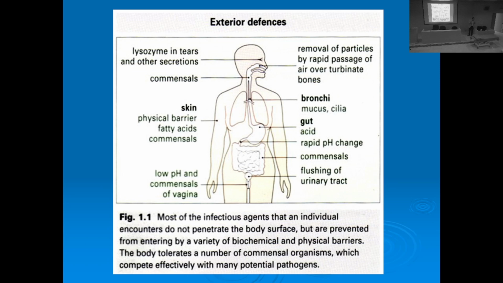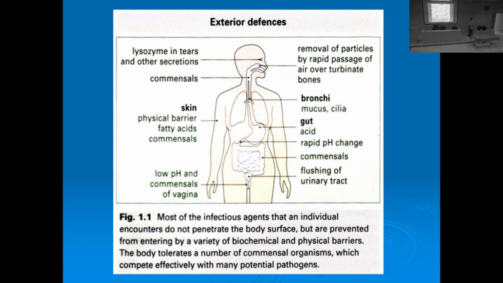The mucosal tissues are the most important point of entry of pathogens. When we breathe, when we eat, when we have sexual contact, those are the sites where the pathogen could enter most frequently.